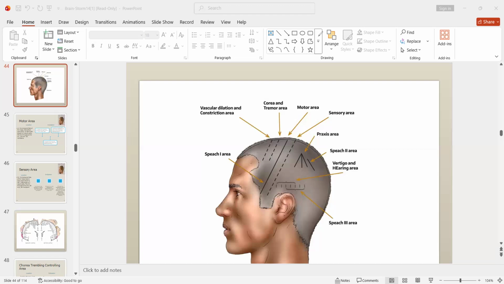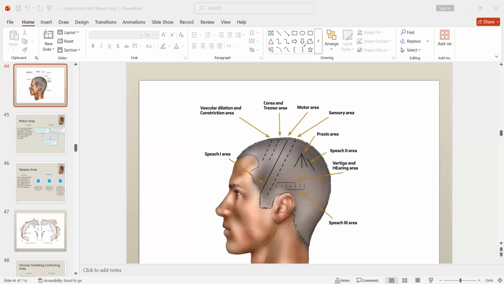Then the praxis area is the corner of the backside of the head, parallel to the sensory area, 3 centimeters behind the sensory area, and make a V.